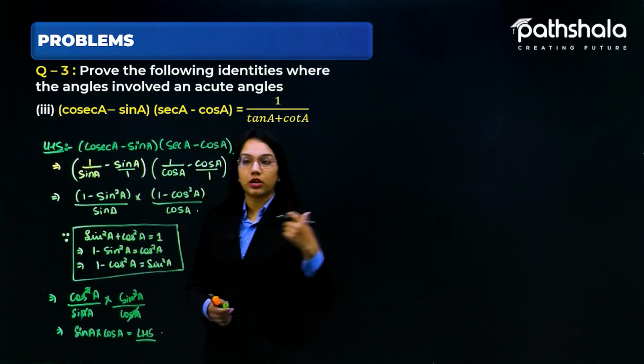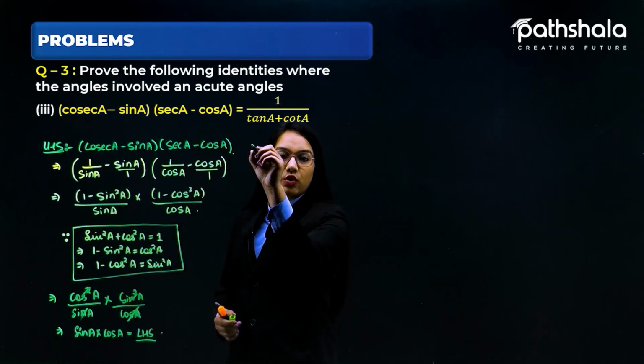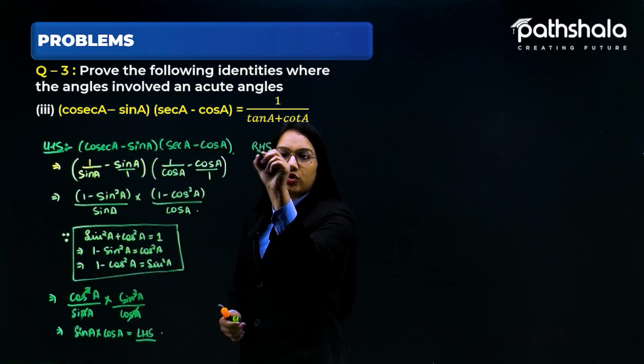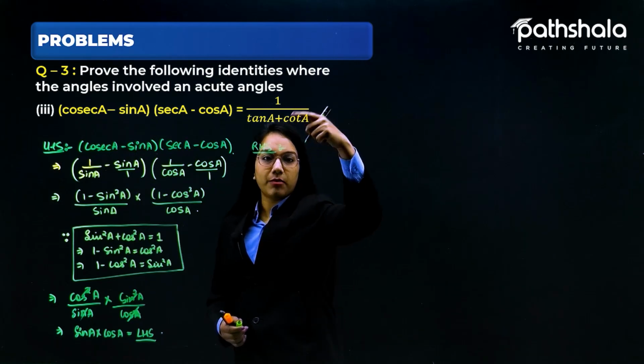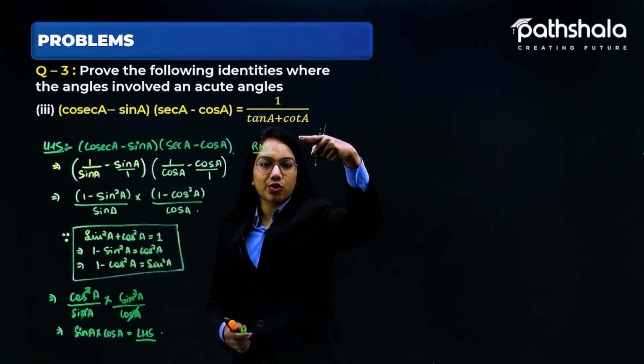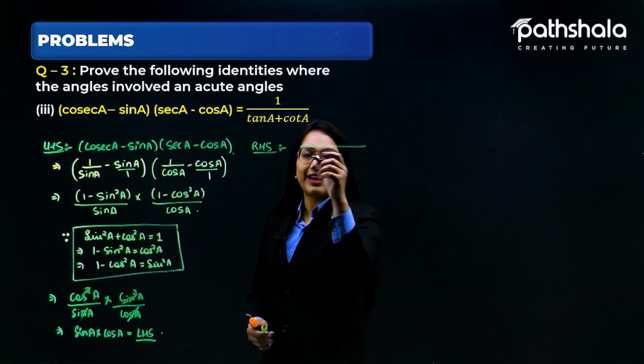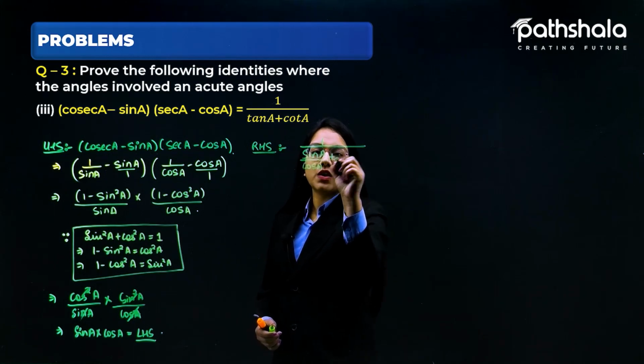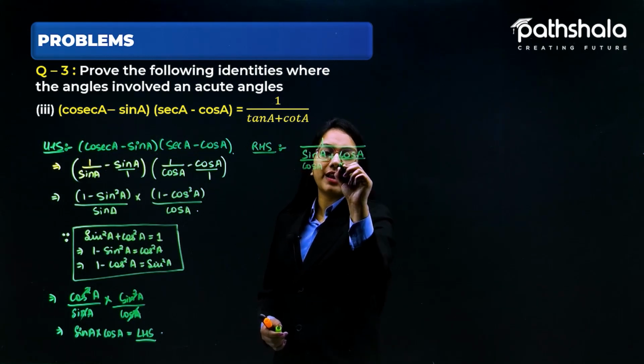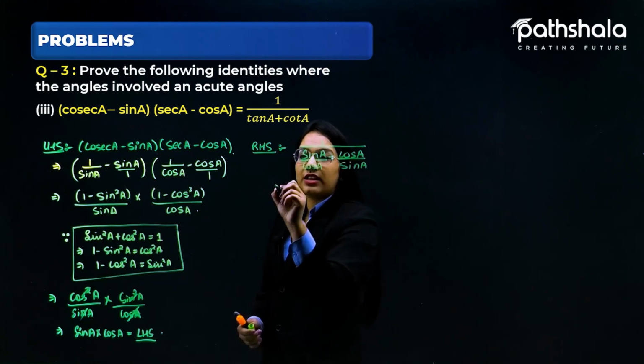Now let's solve the RHS. For the RHS we have 1 by (tan A plus cot A). Let's convert tan A and cot A. We know tan A can be written as sin A by cos A, plus cot A, which is cos A by sin A. Let's take the LCM here.